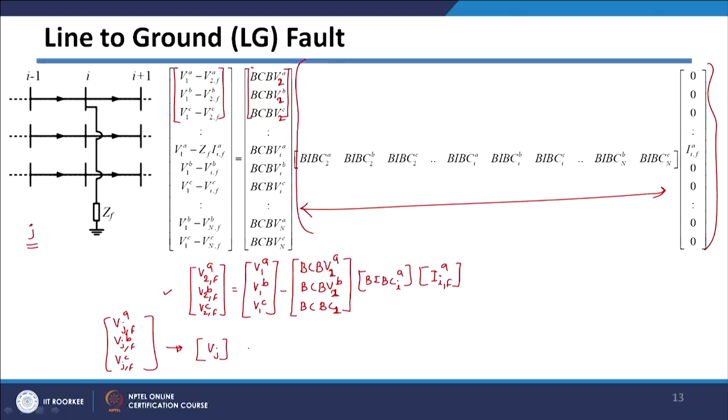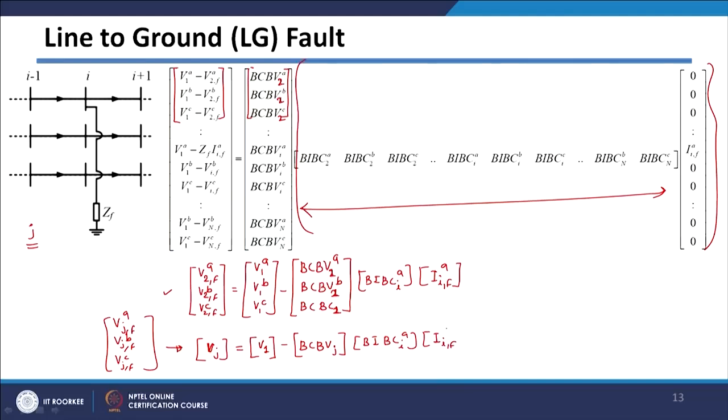So, instead of writing A, B, C, I am just writing this as a whole 3 phase voltage. Here also, instead of writing A, B, C, I am just writing 3 phase voltages. So, I need to write it as V1 minus, this will be again, instead of writing all the 3 phase rows, BCBV of the jth bus for all the phases, and here this will remain the same, BIBC IA, and it will be IF.